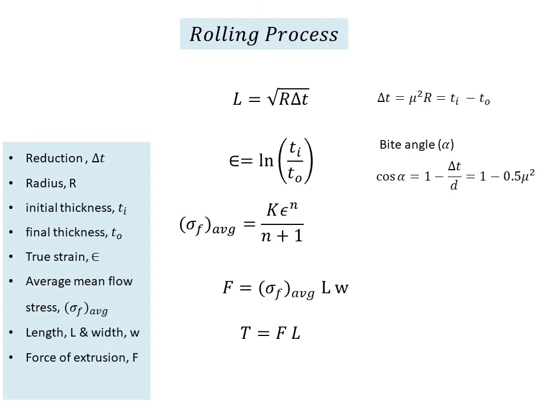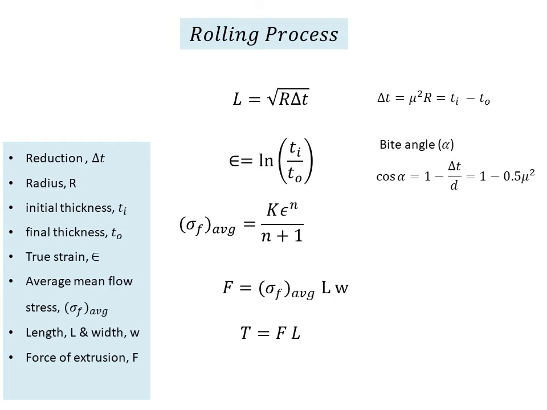Also we can find bite angle alpha. For that we have cos alpha is equal to 1 minus delta t upon d, and also it can be calculated by direct formula 1 minus 0.5 into mu square. So by using these formulas we can calculate delta t and alpha.